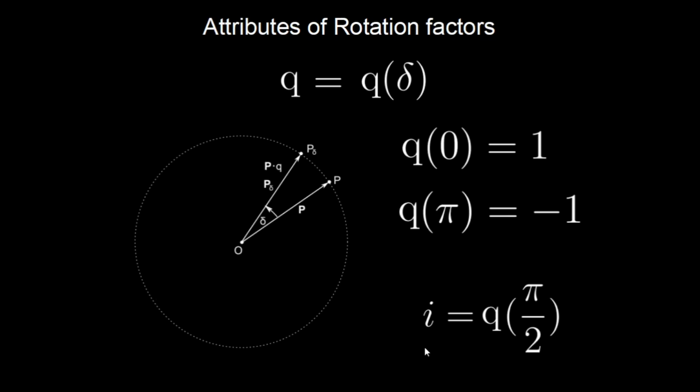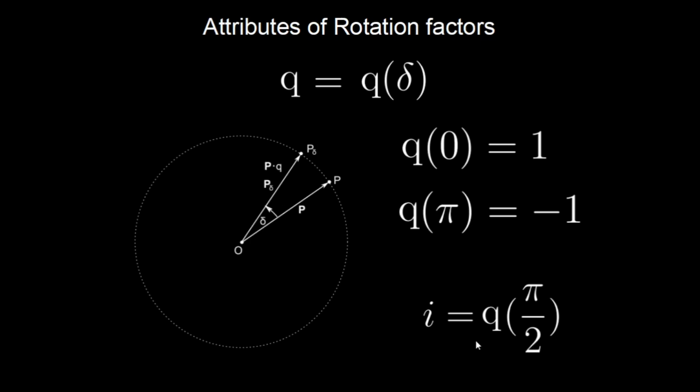It's natural to think that the exact middle angle half pi between 0 and pi is also special. The rotation factor of the angle half pi is here defined as orthogonal rotation factor, in that it produces a 90-degree rotation for the target vector.